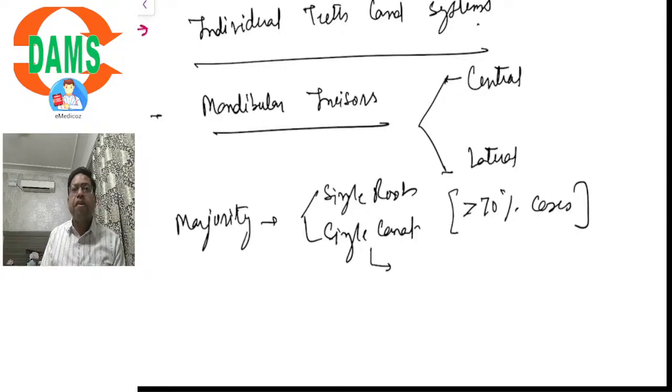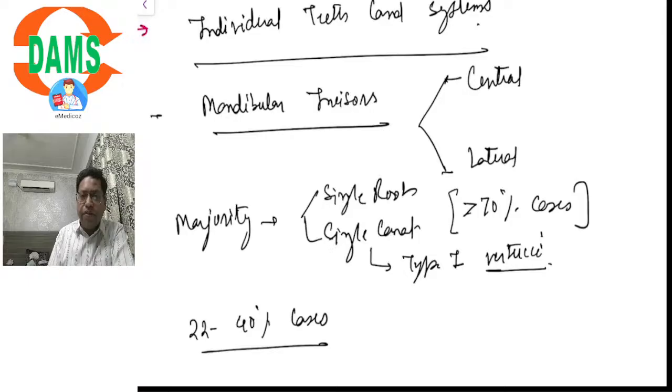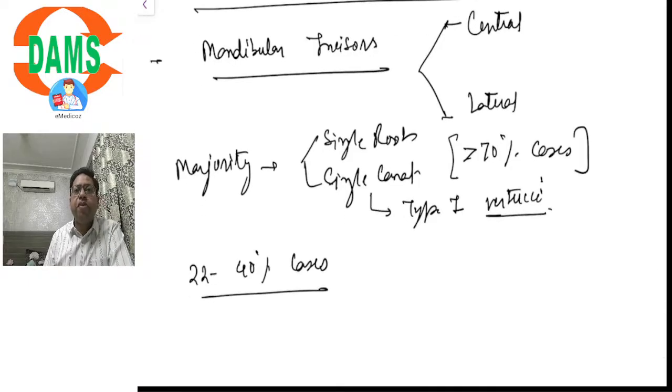So what is the most predominant Vertucci type of root canal present in a mandibular incisor? It would be type 1, a single root with a single canal. But in 22 to 40% of mandibular incisors, there are 2 canals. The root is single, but there are 2 canals.